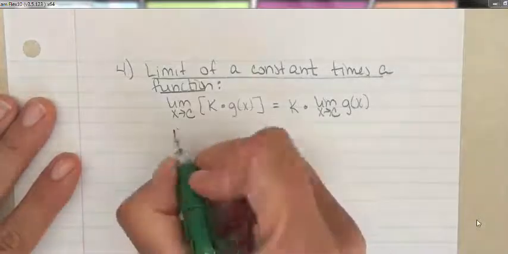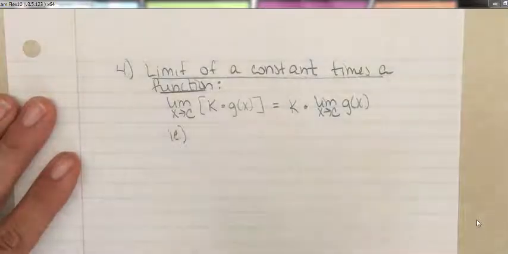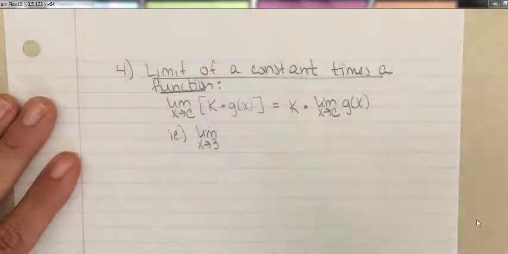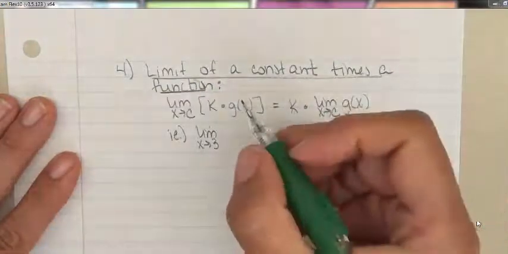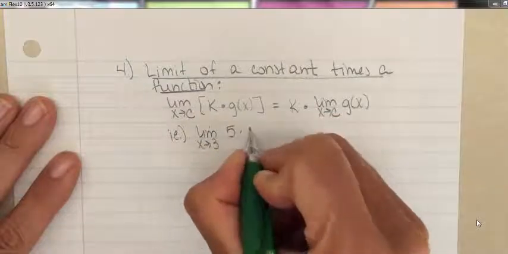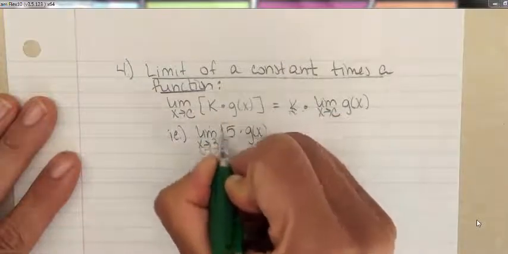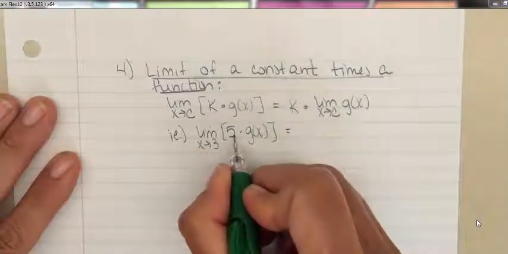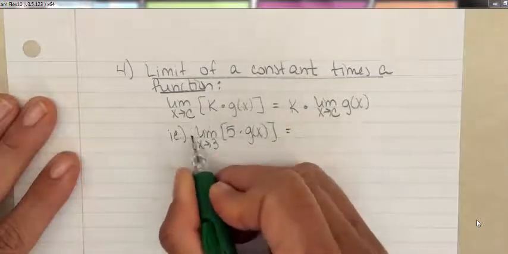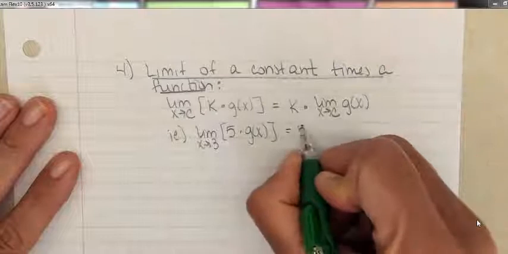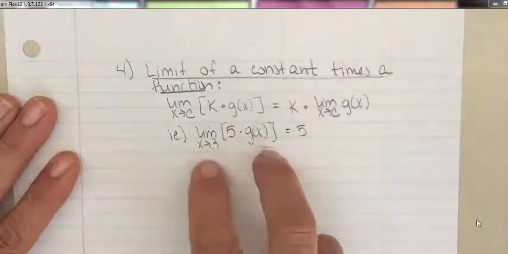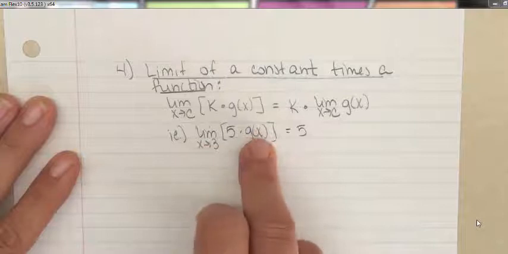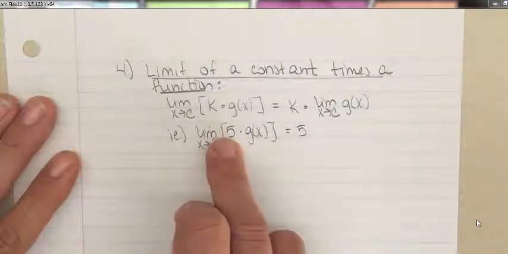So in our little example, I'll do the limit as x goes to 3, and I'll use 5 as my constant, of 5 times g of x. Well, I'm going to take that 5 and pull it out in front, because once I find the limit of g of x, I can actually substitute something into that function. I can't substitute anything into 5.